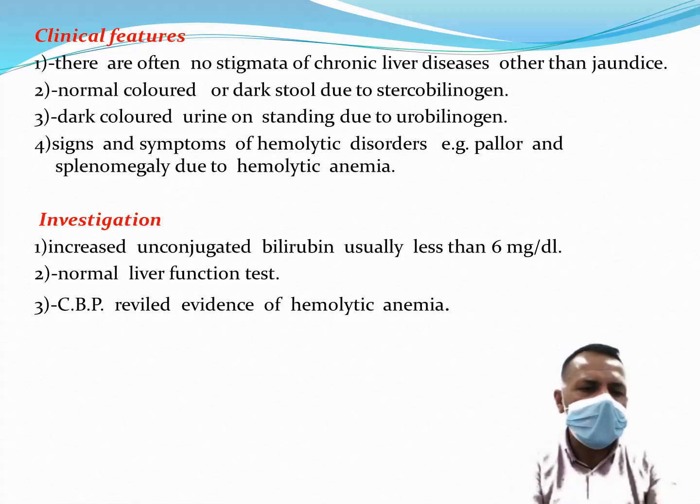Investigations show increased unconjugated bilirubin only, usually mildly elevated, less than 6 mg per deciliter. Liver function is normal because the liver is intact. The blood film reveals the hemolytic anemia, sickle cell anemia, thalassemia, spherocytosis in the blood.